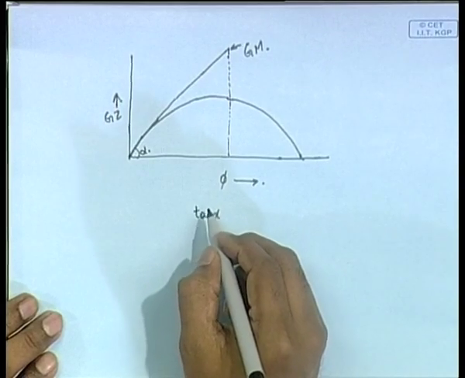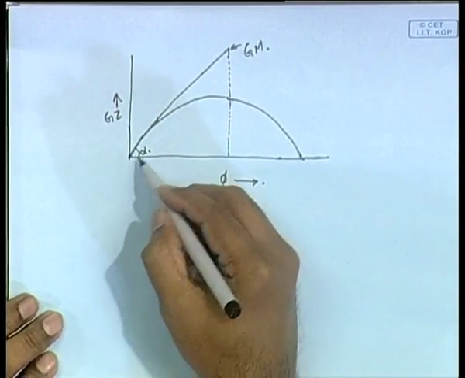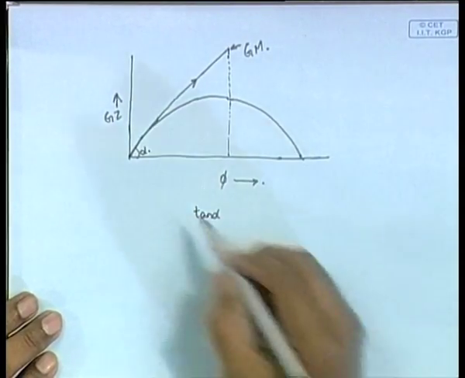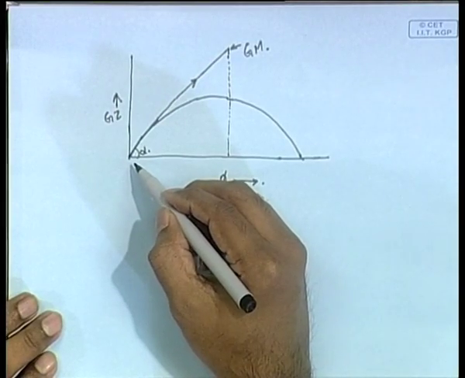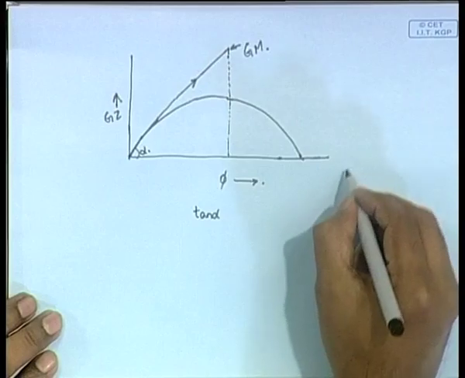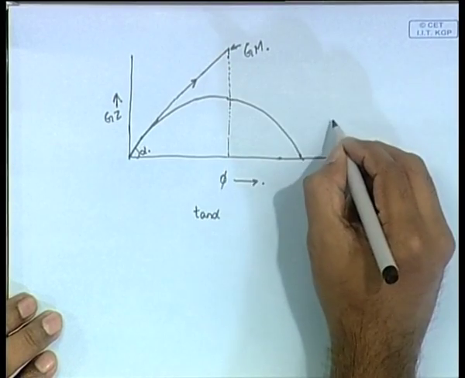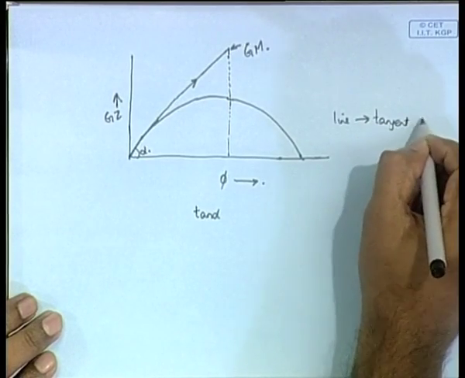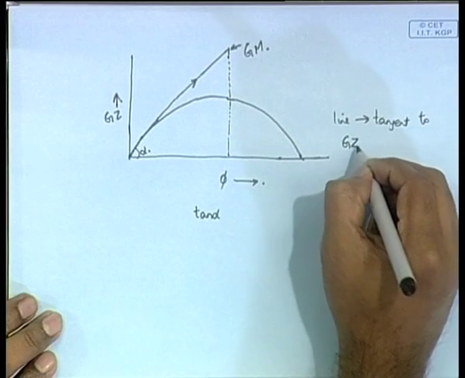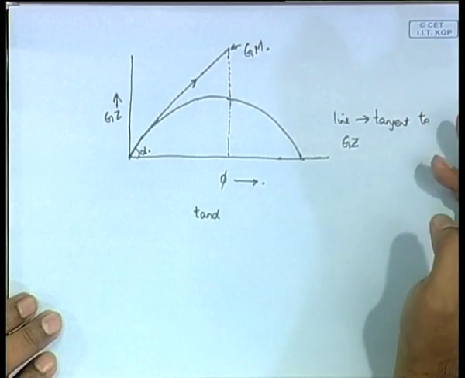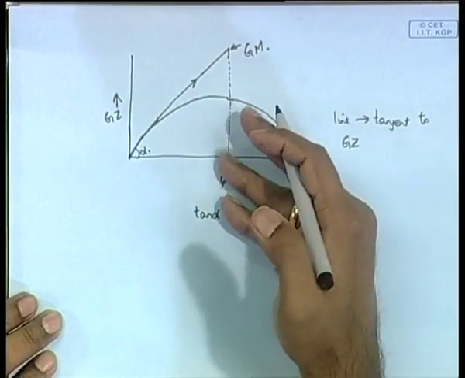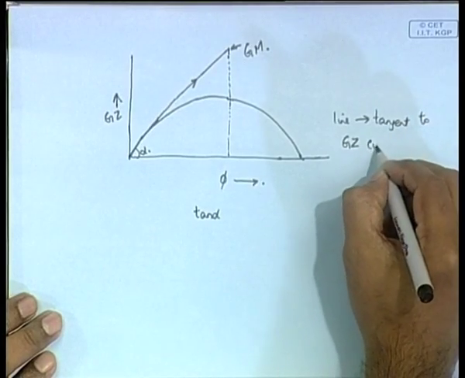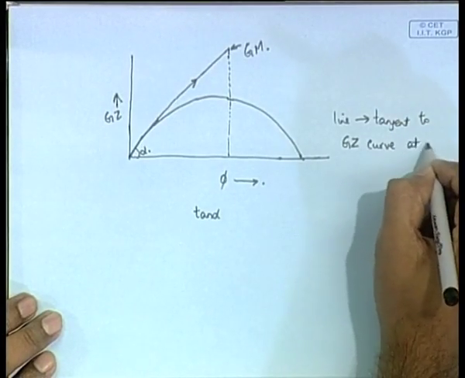That alpha is the angle of this line, it does not come out clear from the figure, but it is actually a tangent to this curve at phi equal to 0. So, this line is a tangent to the Gz curve. This is the Gz curve, also called the statical stability curve, two names for it. So, tangent to the Gz curve at phi equal to 0.